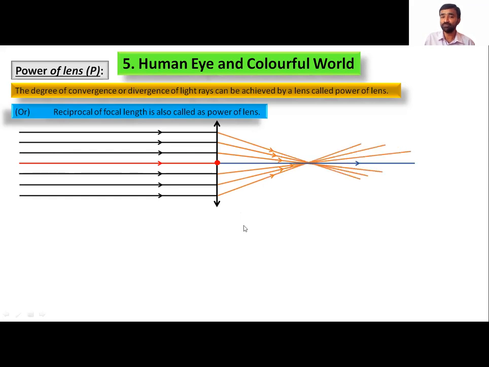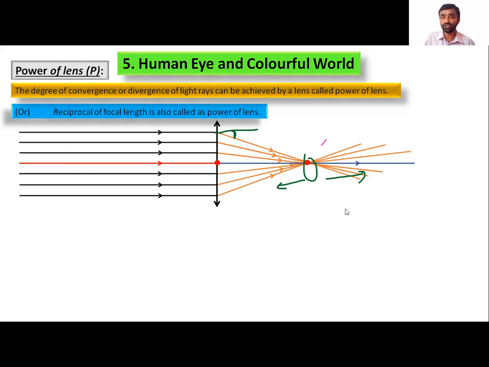So here, I try to change its focal point towards left or towards right. With the same lens, it is not possible. If I change the lens, its strength varies, to change the angle, how much it can deviate the light ray. That is achieved by what we call the power of a lens.